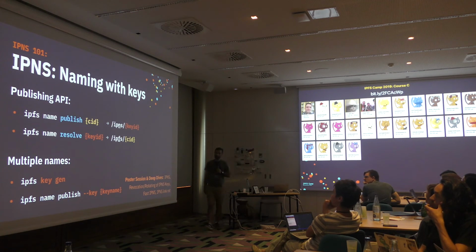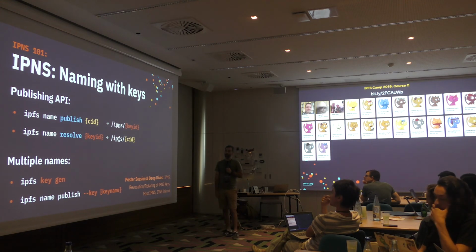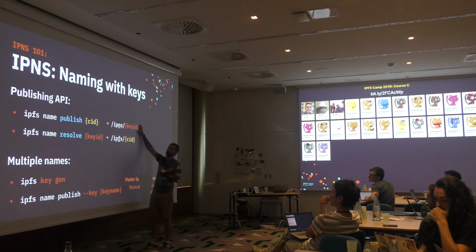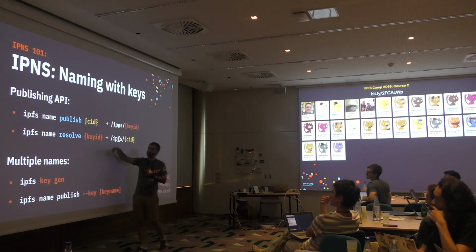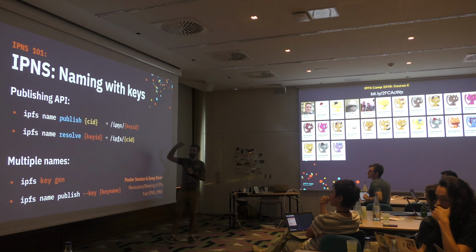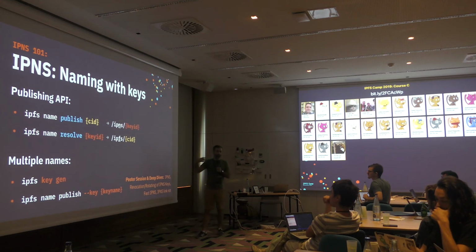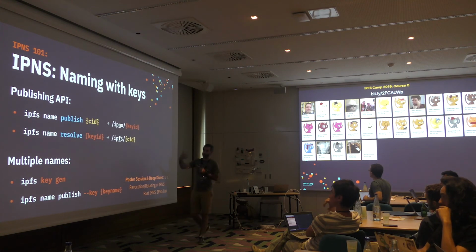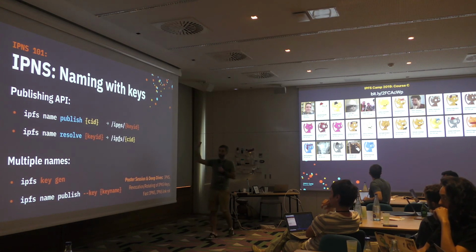It's name publish. When you publish, you want to publish a CID, and you get back an IPNS path with the key ID. So this one is the mutable one, right? The CIDs in IPFS are immutable, IPNS is mutable. Basically a mutable pointer to immutable content. And when you want to resolve, you try to resolve your key ID, and you get back the CID.